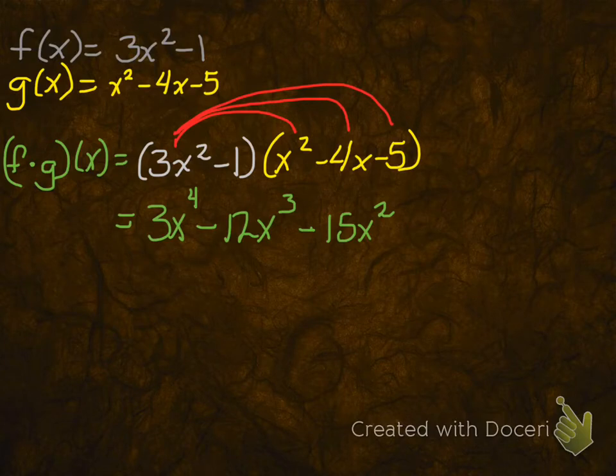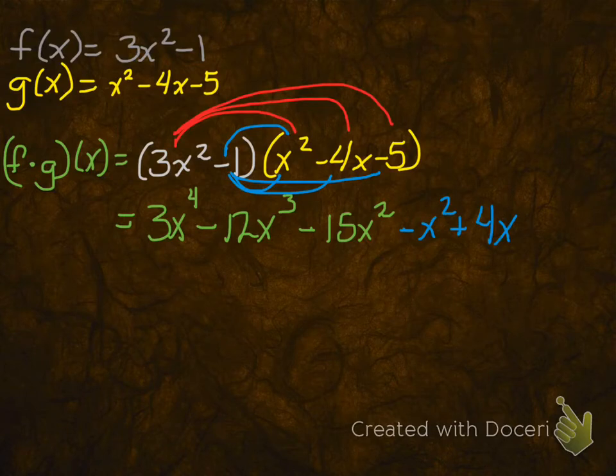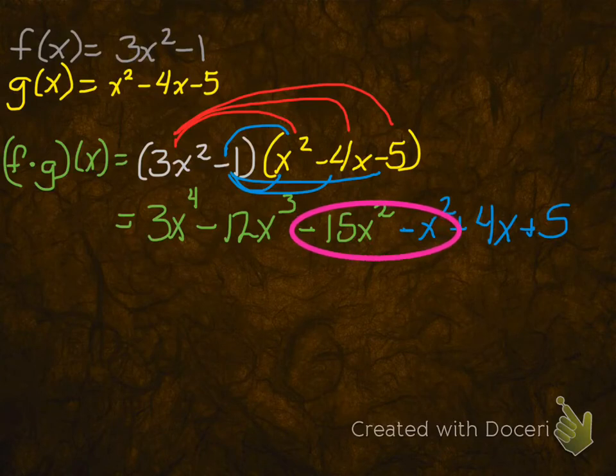Now I'm going to distribute my negative 1 to all three terms. That gives me a negative x squared plus 4x plus 5. And I'm combining any like terms, and the only like terms I have are my x squareds.